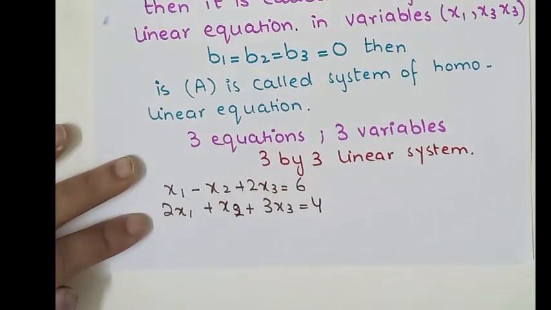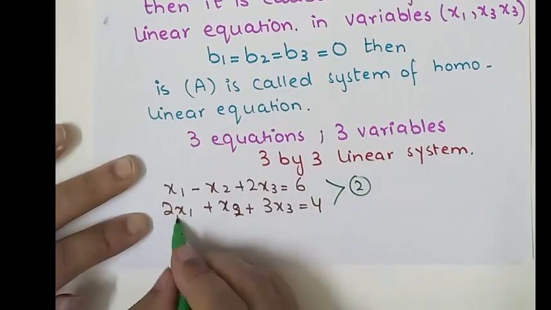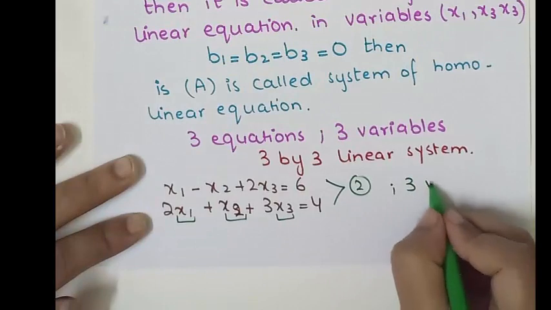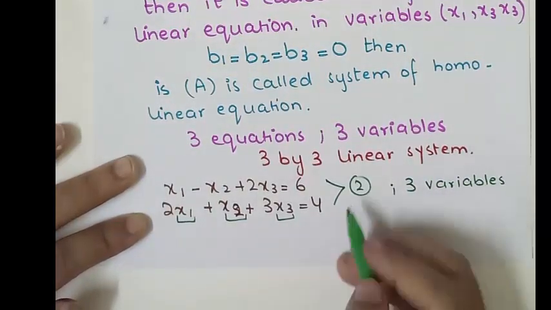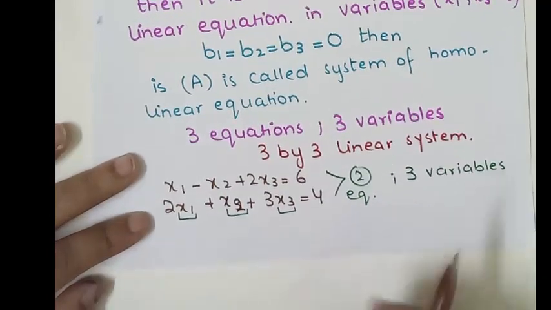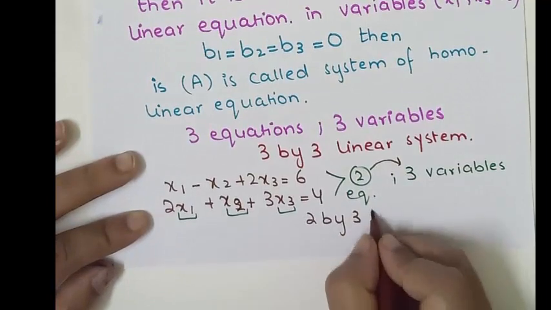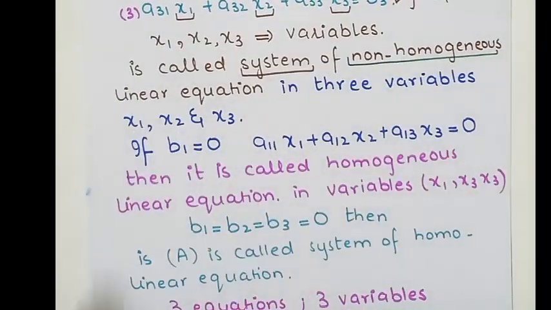In this case we have two equations and three variables x1, x2, x3. Then it is called a 2 by 3 linear system. So this is the overall view about the system of linear equations.